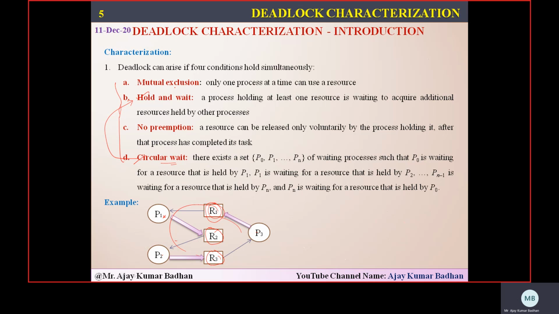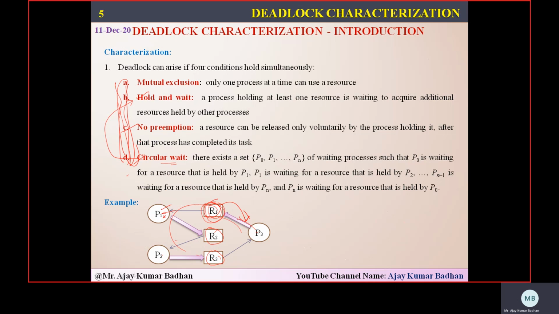Mutual exclusion means at a time only one process can use the resource. So P1 is allocated R1, so only he can use it. P3 is requesting, but we are not giving it. You can see all the four. Whenever P1 releases R1, then only it can be allocated to P3. So no preemption is also there. Indirectly, all these four conditions are interrelated with each other. Don't think that all the four are different or separate.